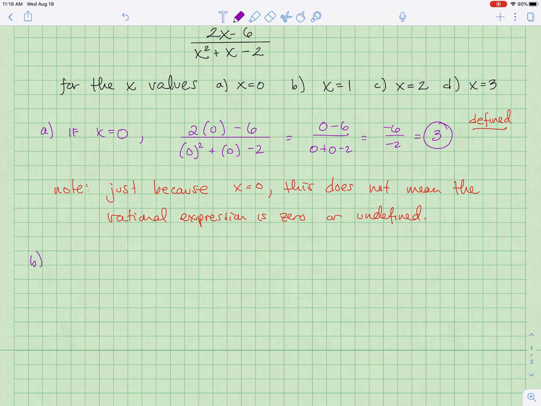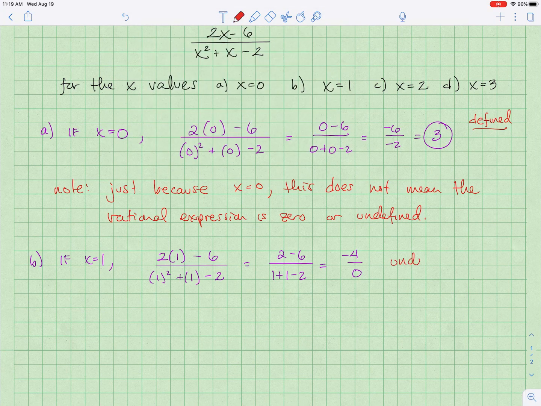But what if x is equal to 1? Well, if x is equal to 1, then we have 2 times 1 minus 6 divided by 1 squared plus 1 minus 2. And that's equal to 2 minus 6 over 1 plus 1 minus 2, which is negative 4 over 0.